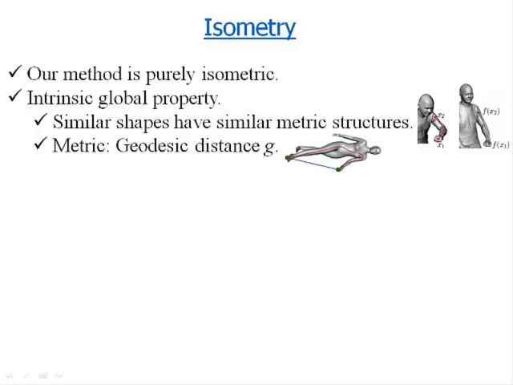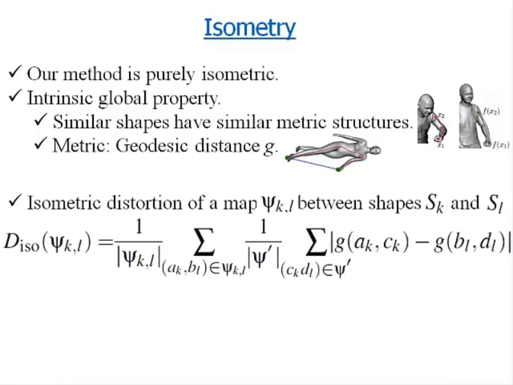It has this intrinsic global property that the distance, the metric, like a geodesic distance, is preserved under isometric deformation. So this red length and the green length are the same. So with that, we can exploit that fact to design cool correspondence algorithms.